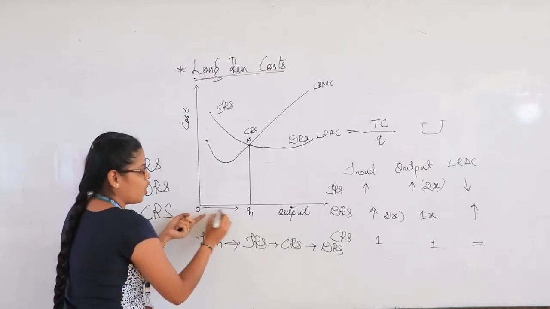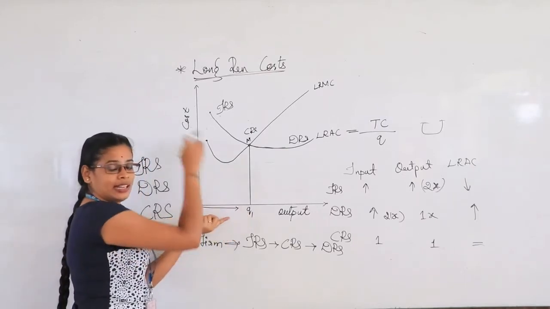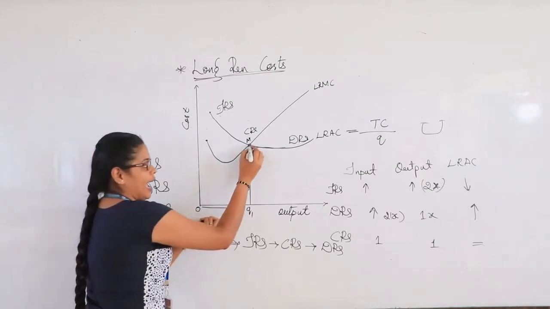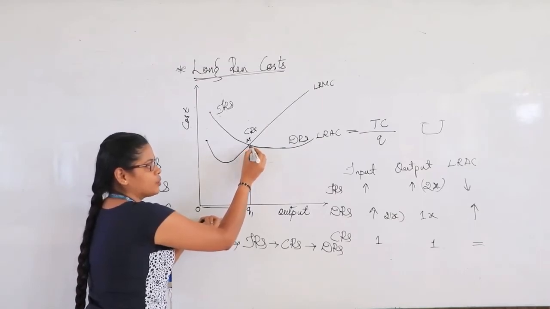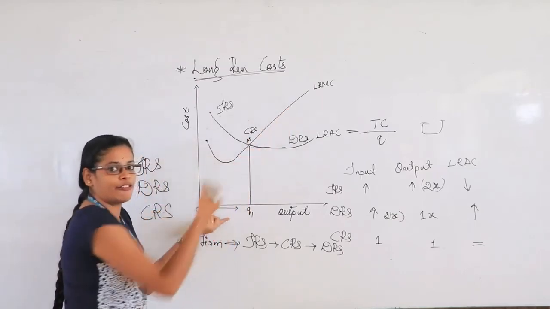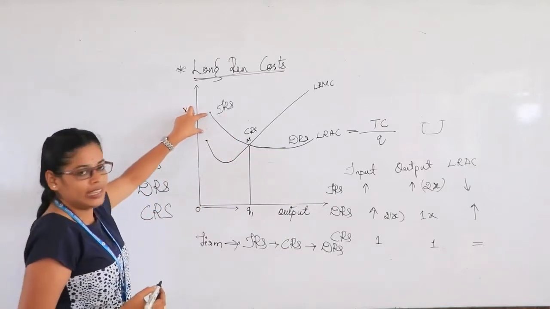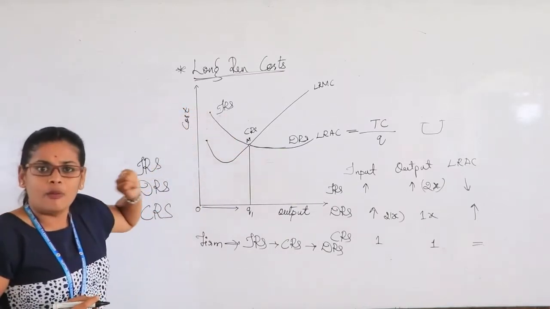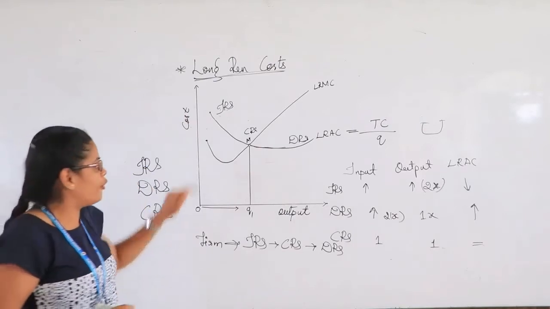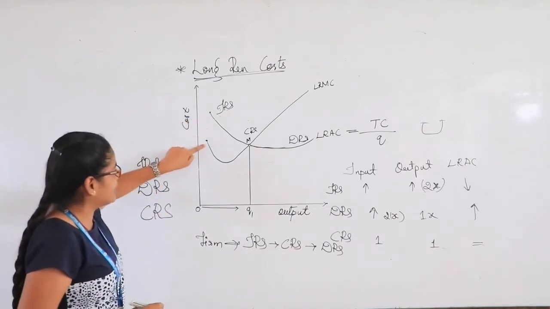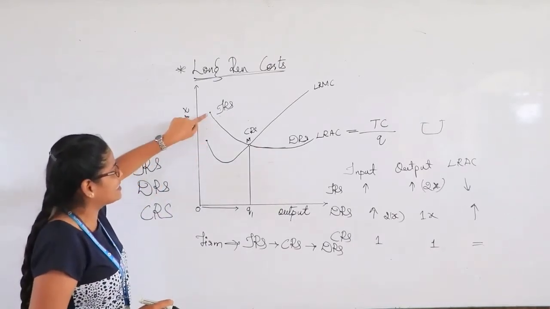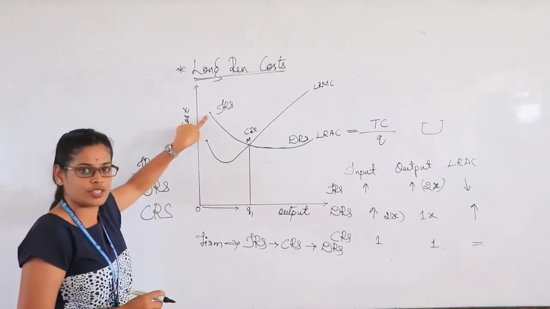So as you go on increasing, what happens? This is the point after which both the marginal cost and the average cost increase. So you can say that here, when the average cost is falling, the marginal cost is lesser than the average cost.